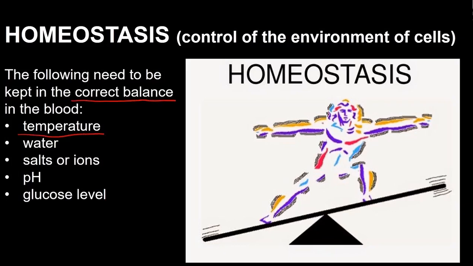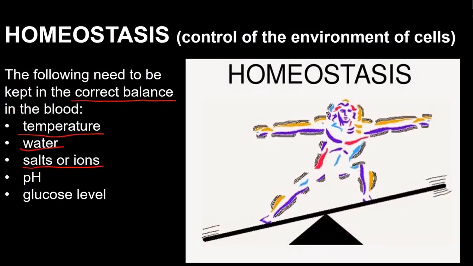Your body's got to be kept at a correct temperature. You've got to have the right amount of water in your blood, not too much, not too little. You've got to have different mineral salts or ions, calcium, magnesium, potassium, sodium, things like that.